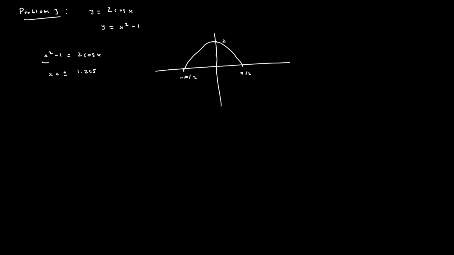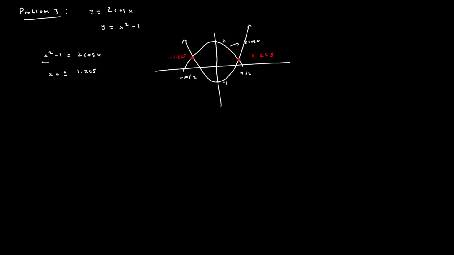So this is 2 cosine x, and x squared minus 1 takes on the value of negative 1 when x is 0, and then increases from there like a parabola. And with the use of our calculator, we found that the intersection points are indeed at these 2 points, 1.265, and over here minus 1.265.